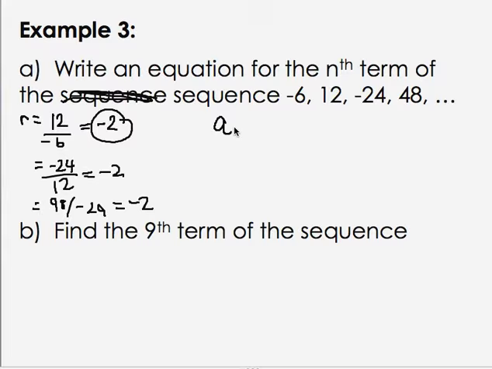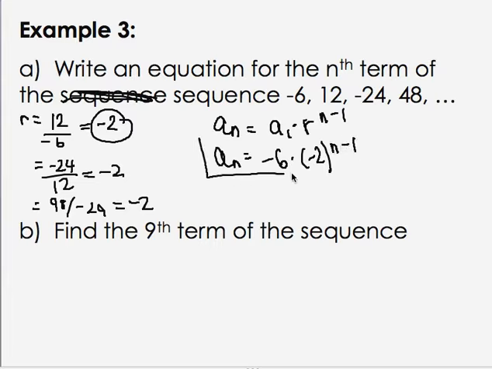So now I start with my formula. A sub n is equal to a sub 1 times r to the power of n minus 1. Okay, so now I have a sub n is equal to negative 6 times negative 2 to the power of n minus 1.